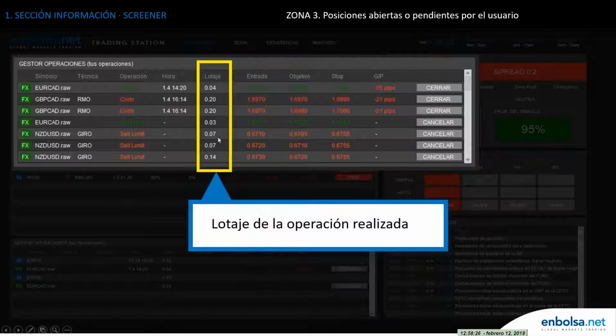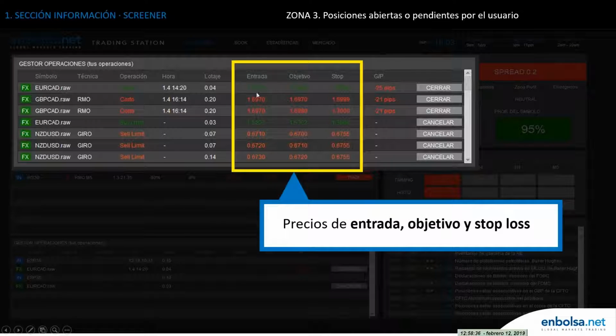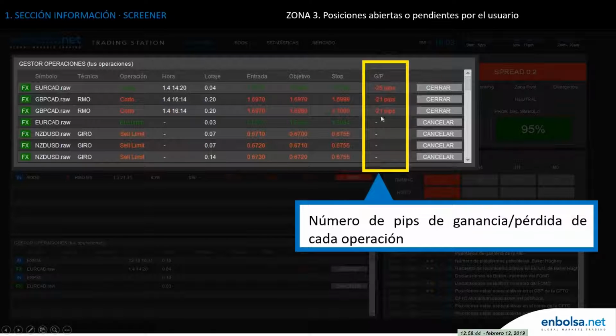We also have the lot we have entered the trade with in this box. This is the volume of currencies, indexes, or commodities we are trading, the parameters of the trade we have entered, where we placed the stop loss and the take profit. The following area will show us the number of pips won or lost.